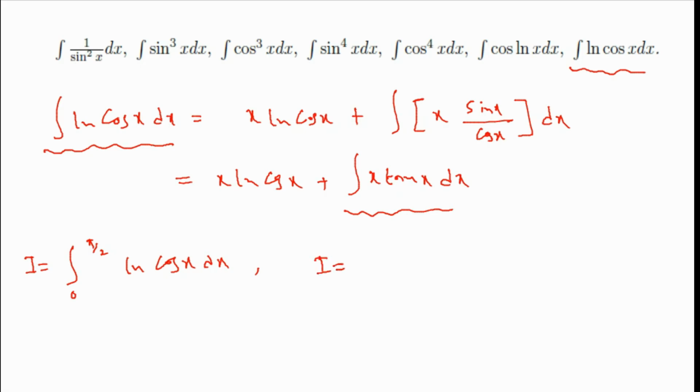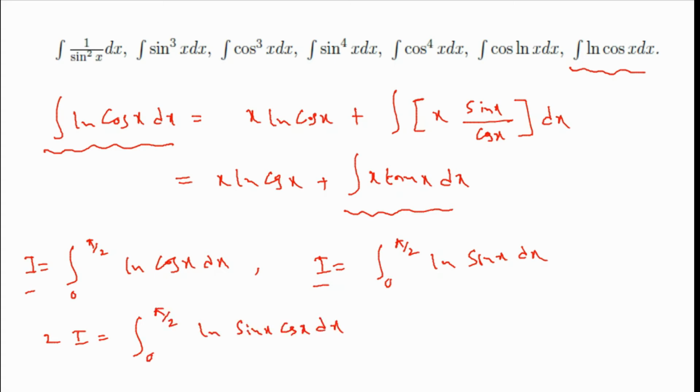Let's see. So I equal to 0 to pi by 2 ln cos of pi by 2 minus x, so ln sin x dx. Now if we add these two, then we will have 2I equal to 0 to pi by 2 ln sin x cos x dx.